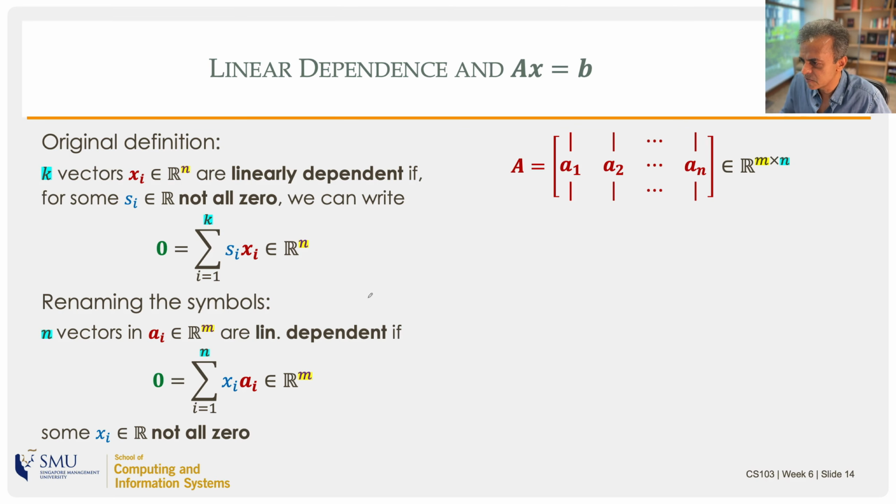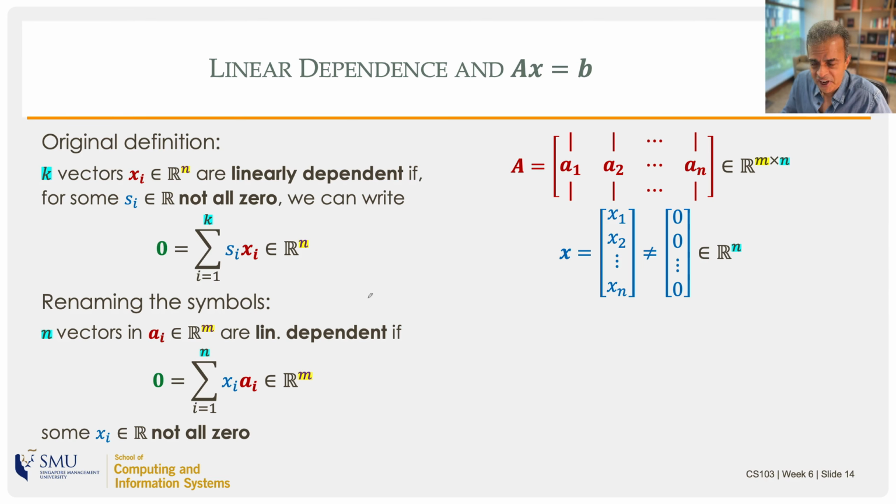Now put all these vectors in a matrix. We get the matrix that we know and love, A, which is m by n, and we have a vector of unknowns, variables. We are saying that they should not all be 0, so it should not be the 0 vector, but it's a vector in Rn.